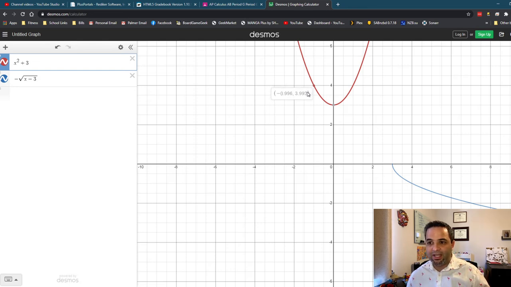So if it's at -1, 4, then on the inverse function, it should be at 4, -1. So let's check. At 4, are we at -1? Yup, looks like it. So it looks like we're right on the money.